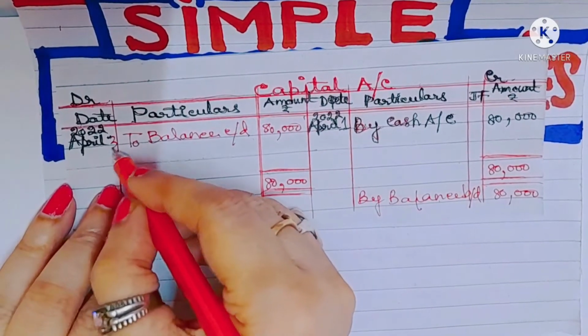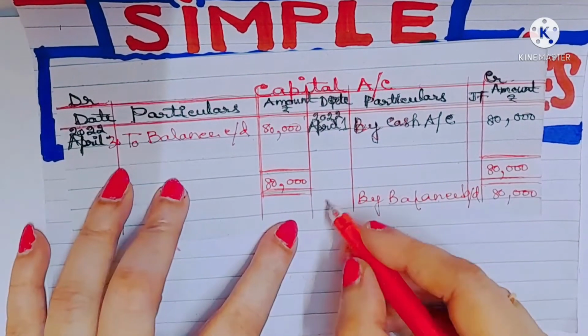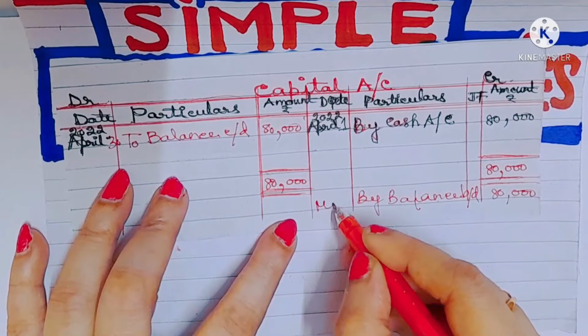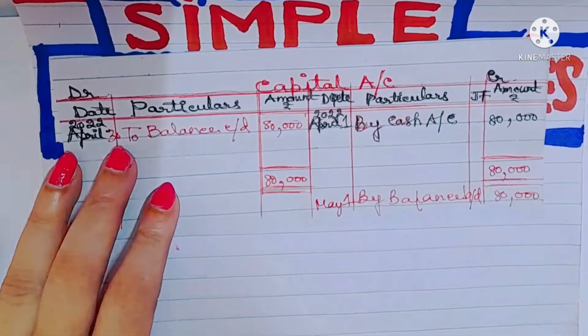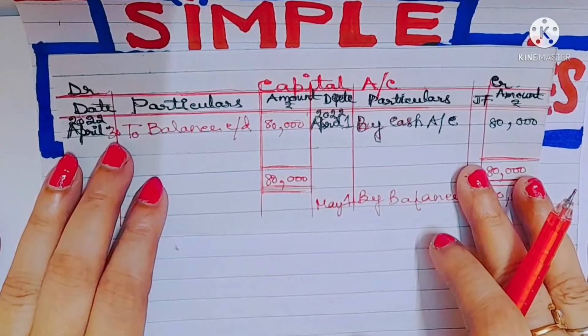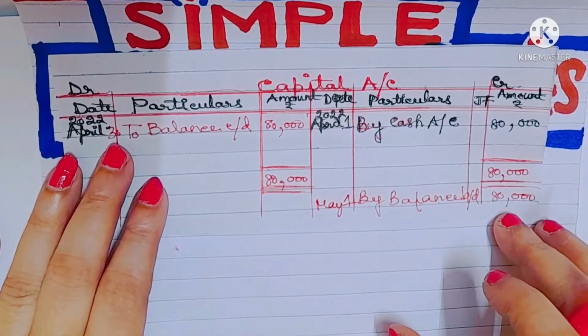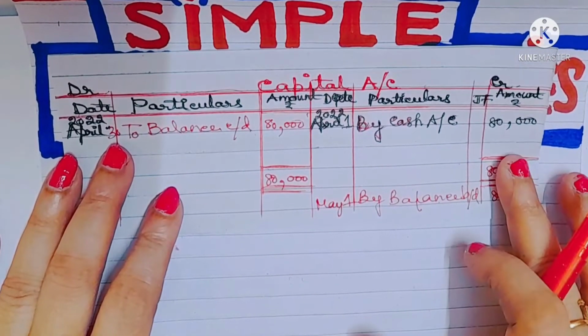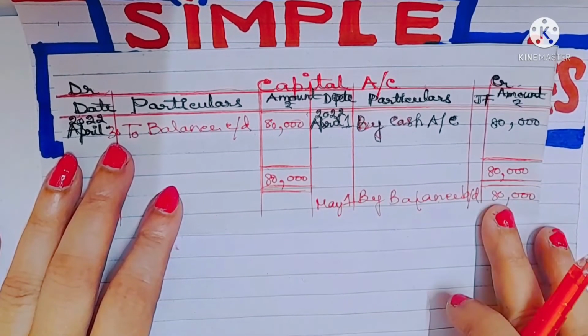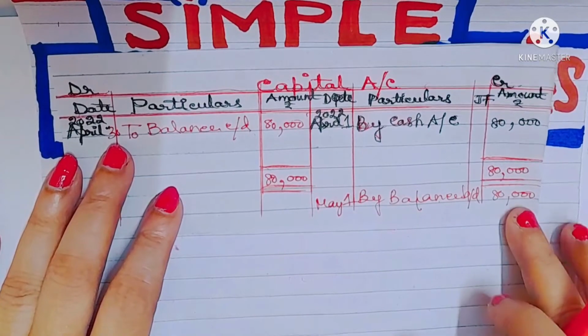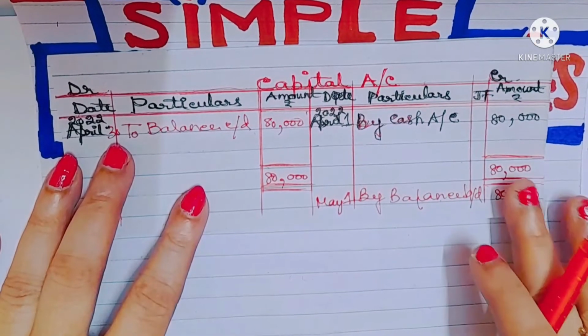The last day in the month of April and the very next day 1st May. Understood? Now tell me, is capital account a debit balance or a credit balance? Capital account is a credit balance. Why? Because credit side's total is greater than debit side's total, and moreover by balance BD is written beneath the credit total 80,000. Understood? Let's do the next account.